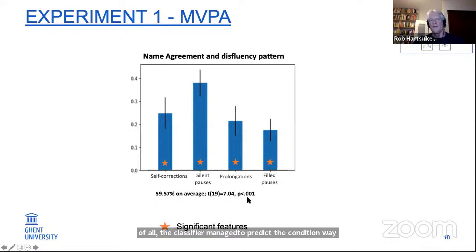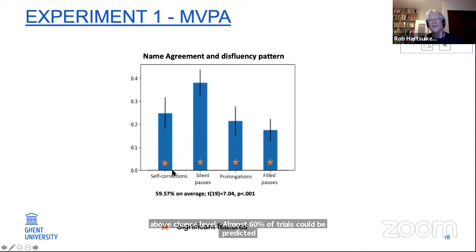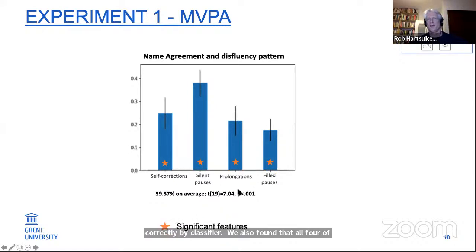And we also found that all 4 of these disfluency types, self-correction, silent pauses, prolongations, and filled pauses, were consistent features across participants. So this is nice additional information, let's say, to the LME analysis we did before.